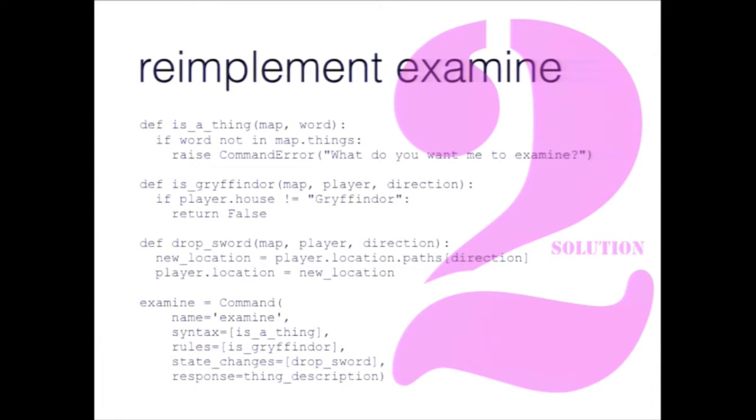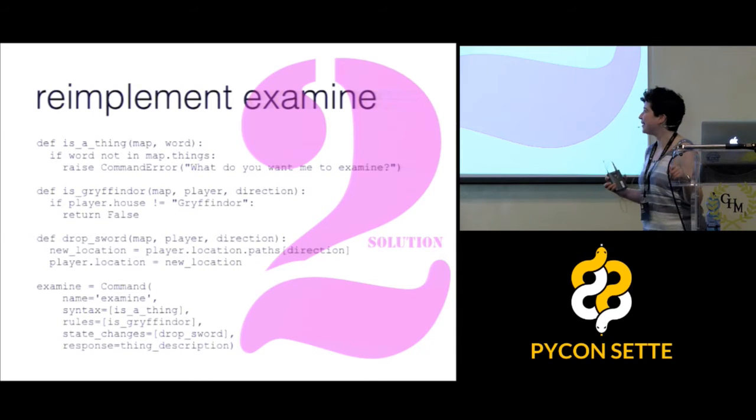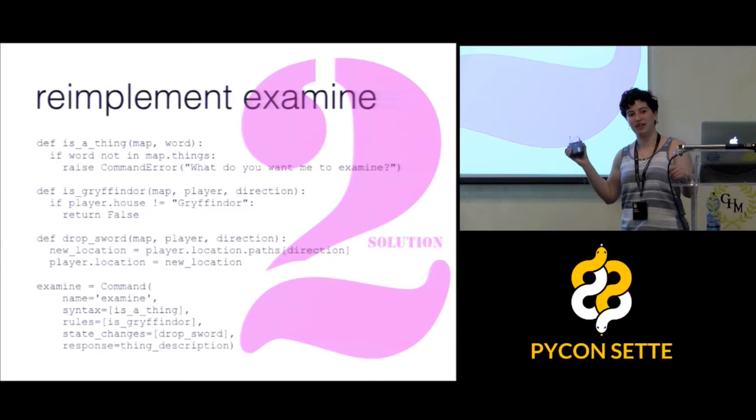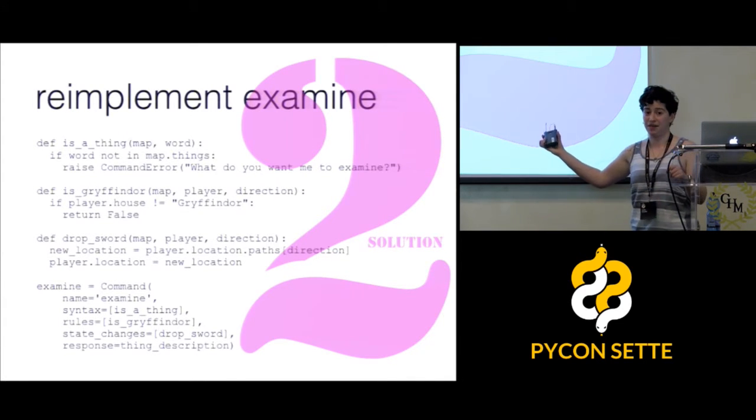So to see if making a framework and refactoring commands actually worked, let's count the tabs in my new version of examine. I have to admit, I didn't do this quite right. This is examine reimplemented in the new framework. I'm saying I have to make sure that I'm examining a thing.